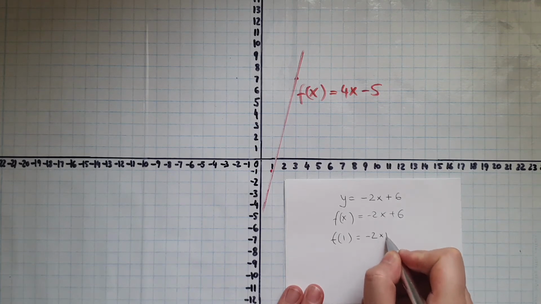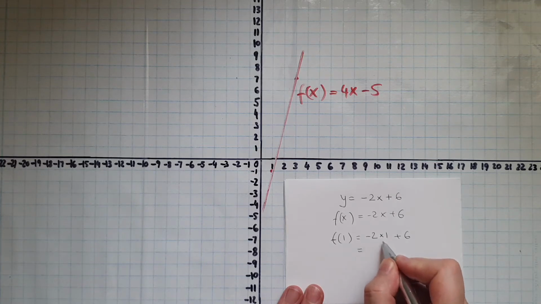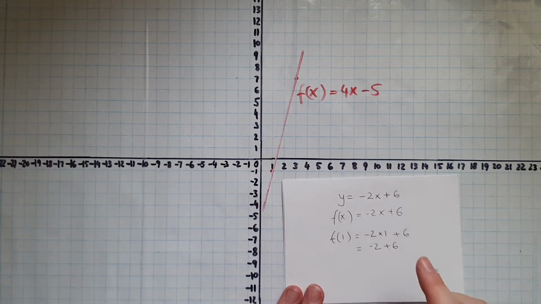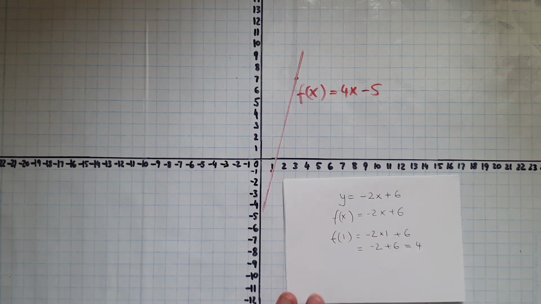So -2 times 1, add 6. -2 times 1 is -2. Add 6, that gives us 4. So the point is 1, 4.